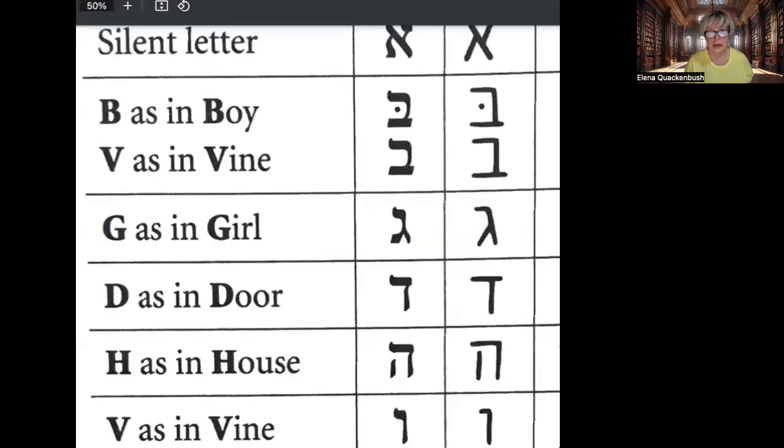Yud, Hey, Vav, Hey. And here's the second letter, Vav. Vav as in vine, and it is V. If you hear that it is pronounced wow, that is when people try to reproduce the biblical pronunciation of maybe the first century or earlier.